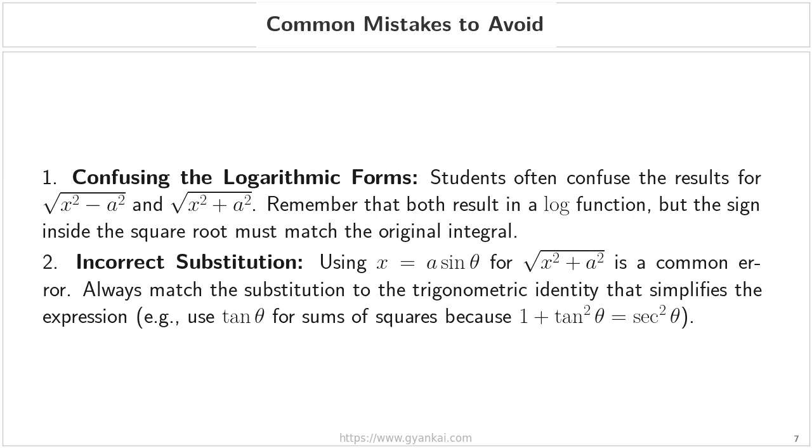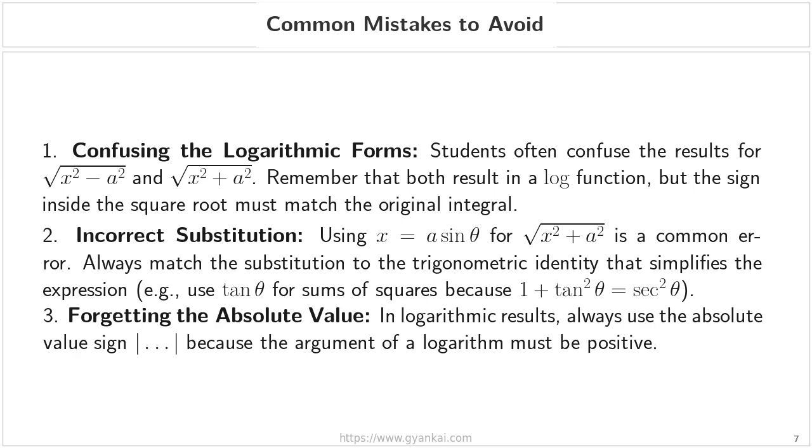Remember, we used x equals a secant theta for x squared minus a squared because of the identity secant squared theta minus 1 equals tangent squared theta. And we used x equals a tangent theta for x squared plus a squared because of the identity 1 plus tangent squared theta equals secant squared theta. Always think about which identity will eliminate the square root.